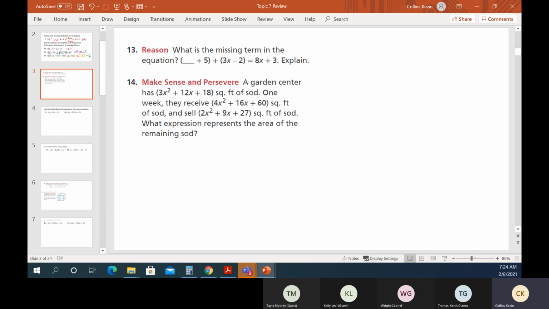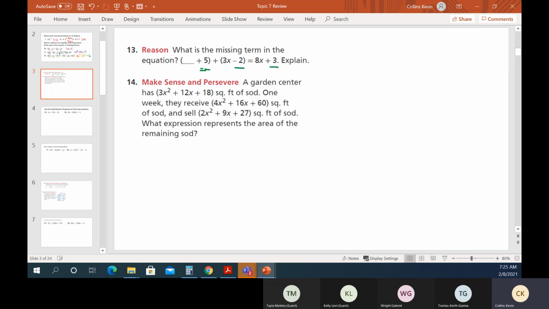Okay, so this says, what is the missing term in the equation? So this is just kind of a twist on what we were doing, right? So notice here we have a 3. And how do we get that 3? We got that 3 from having 5 minus 2, right?